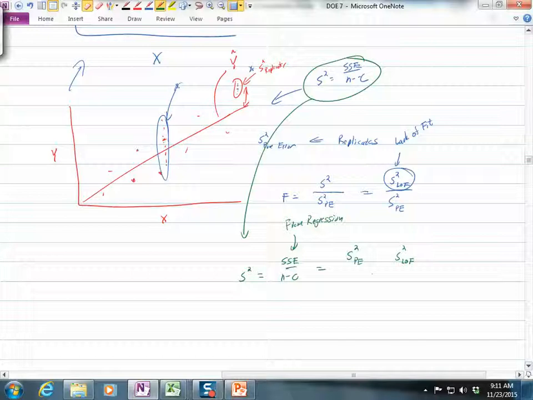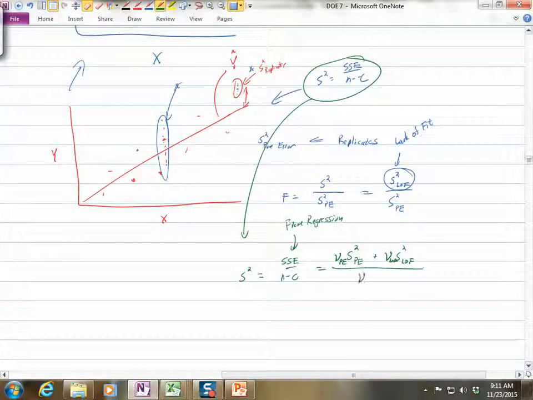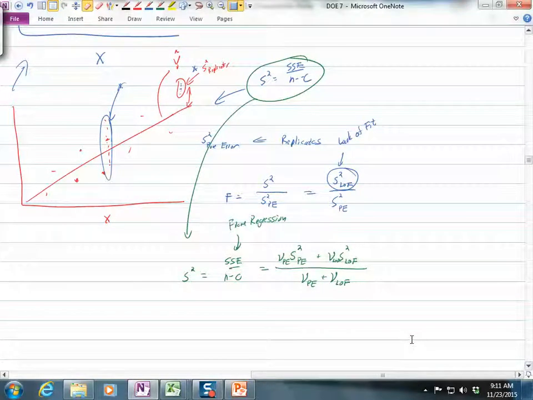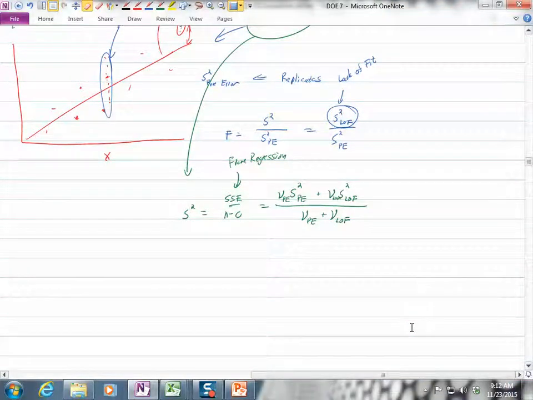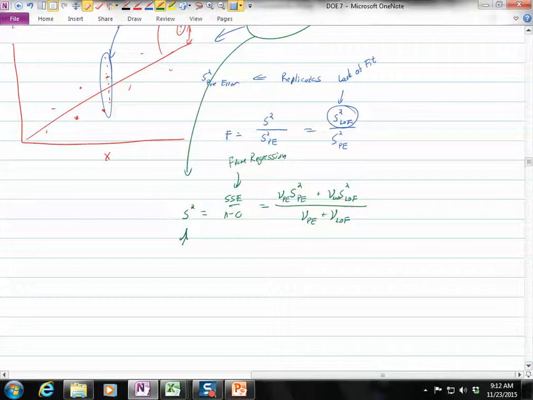And if we pool those, just like we have before, based on degrees of freedom, I think this is an easier way to think about this: the regression S squared that we get is just a combination, a pooled variance, of the variance we calculate from the replicates and everything else.